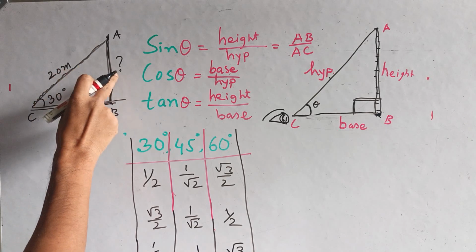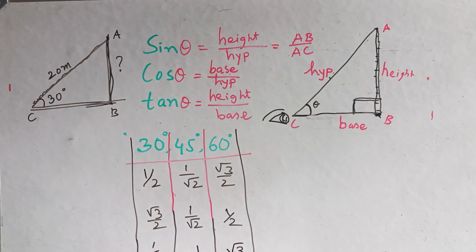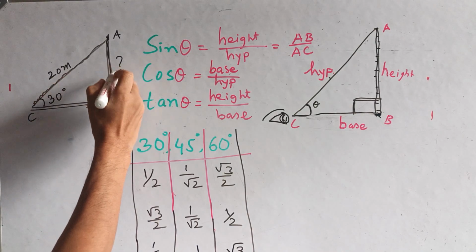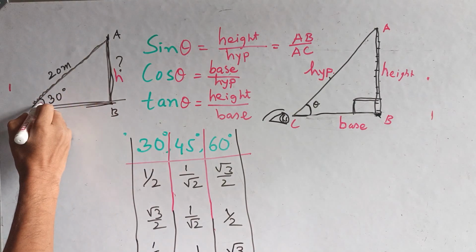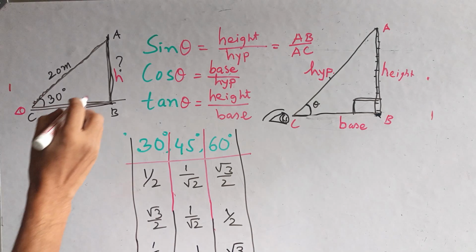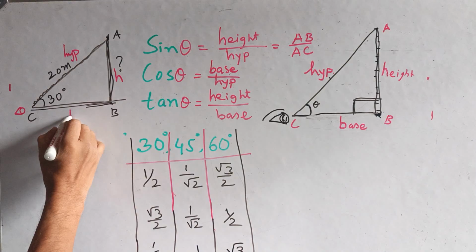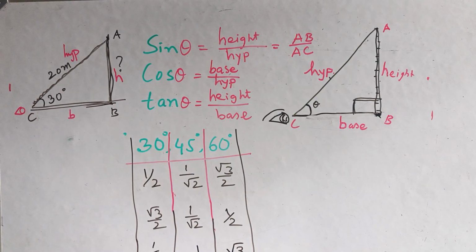Identify immediately which is which. This is height because you are observing the angle from here. This is height, this is hypotenuse, and this is base. This identification is required immediately.